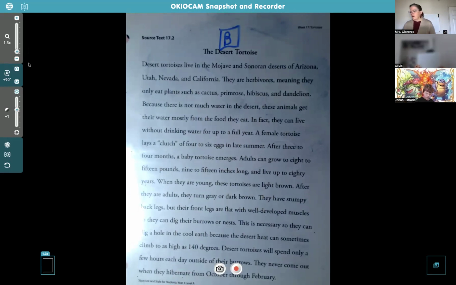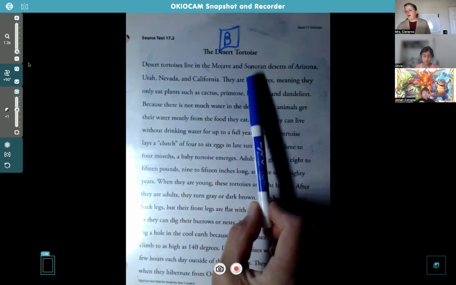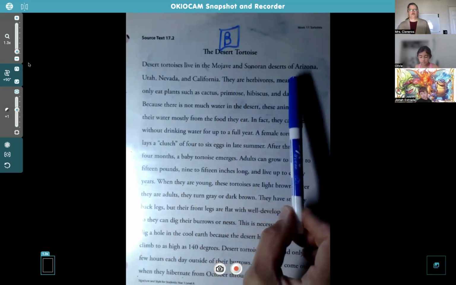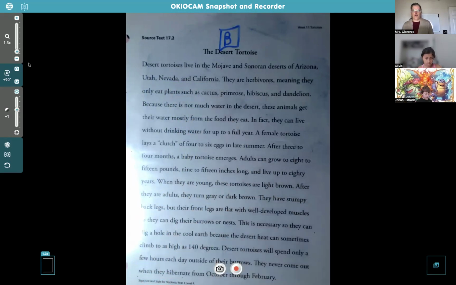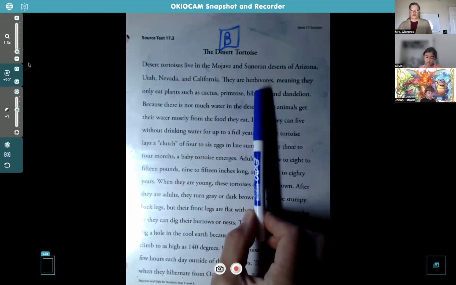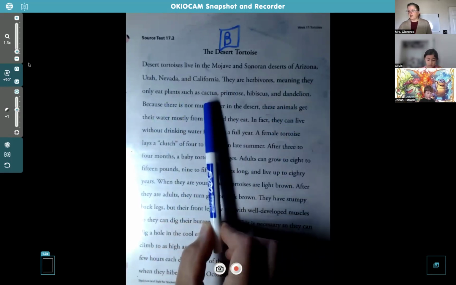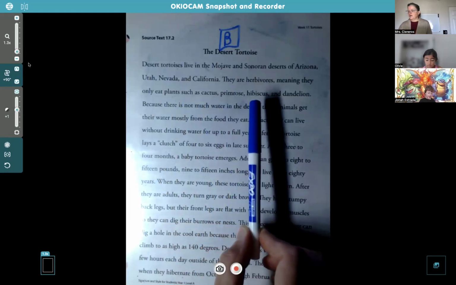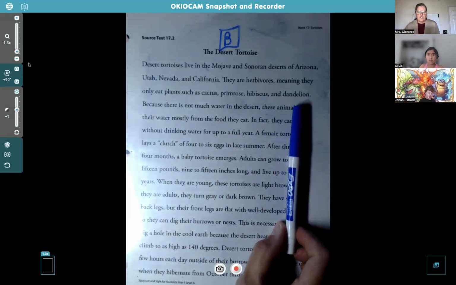So I'm going to go ahead and read it. You underline about 6 facts. Desert tortoises live in the Mojave and Sonoran deserts of Arizona, Utah, Nevada, and California. They are herbivores, meaning they only eat plants such as cactus, primrose, hibiscus, and dandelion. By the way, I forgot to mention something here.